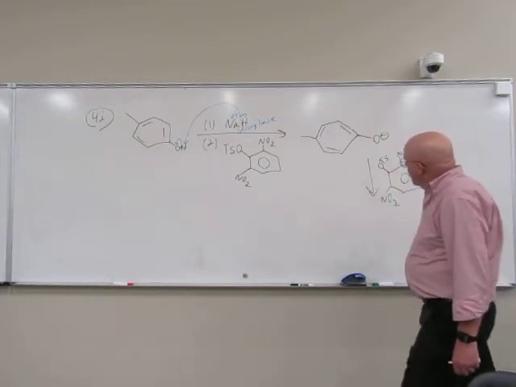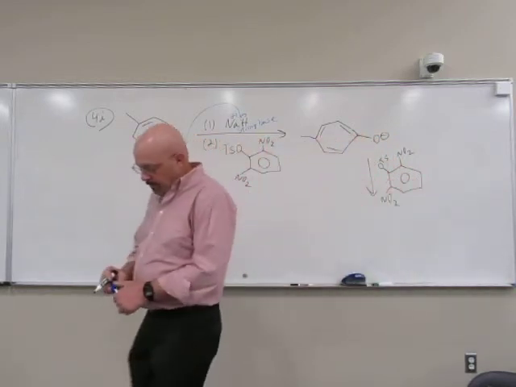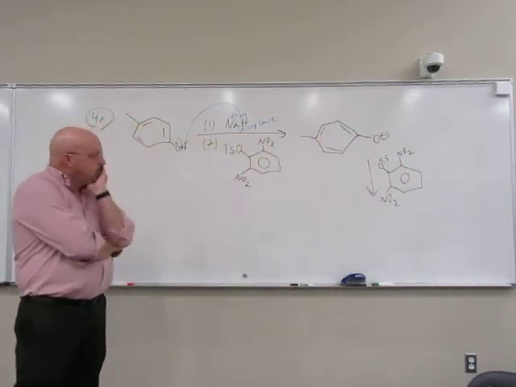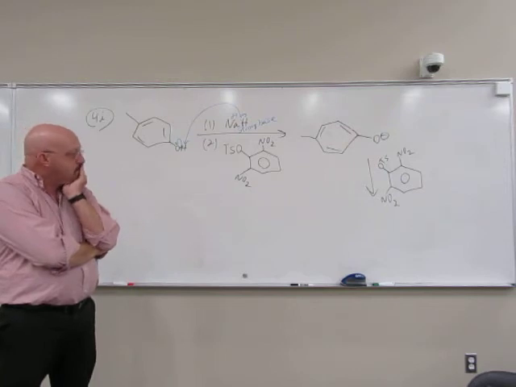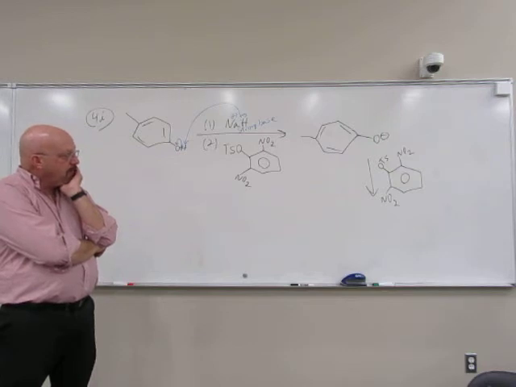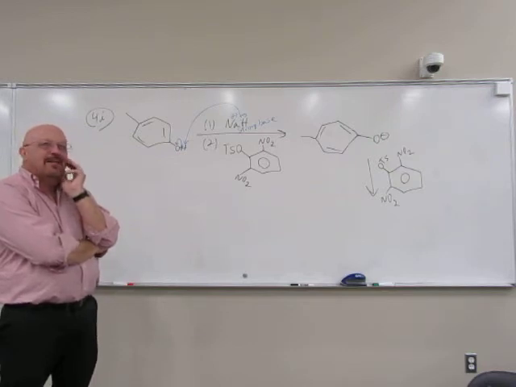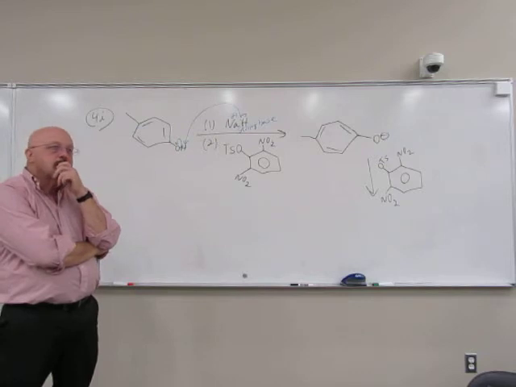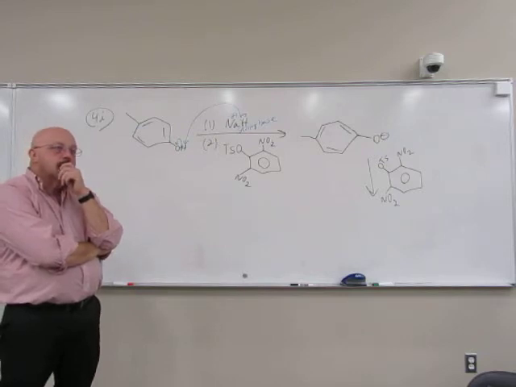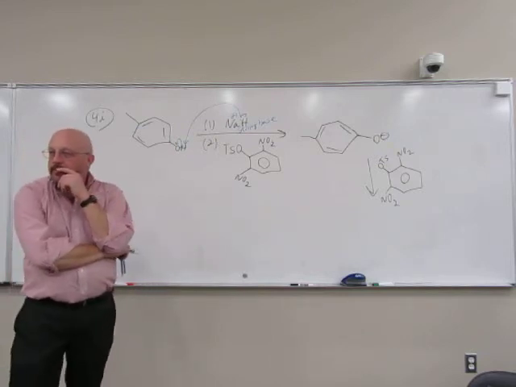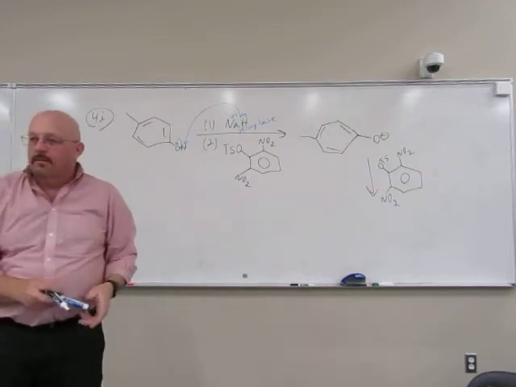Now what are we going to do? See some nitro groups there on the ring. The two nitro groups are both ortho to that tosylate. Now what did we learn about tosylates back in chapter 11?